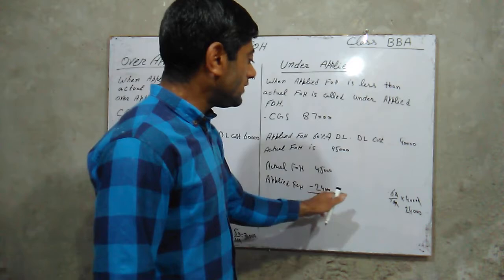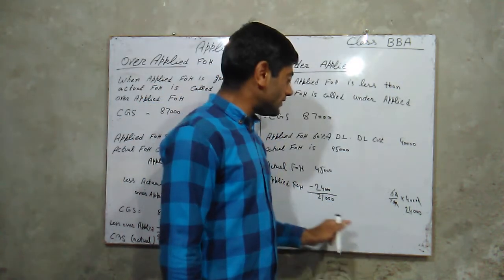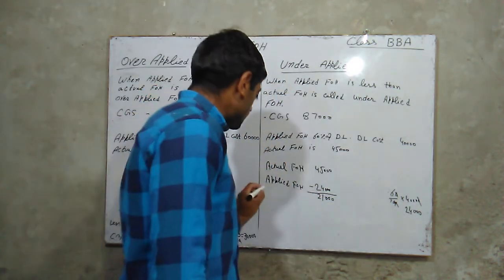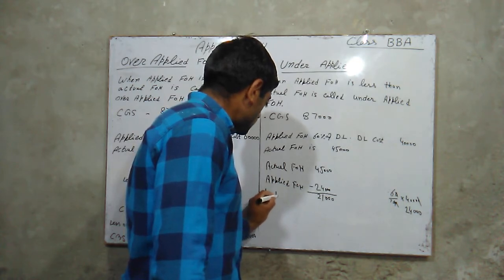We estimated the expense as 24,000, so our underestimate is 21,000.